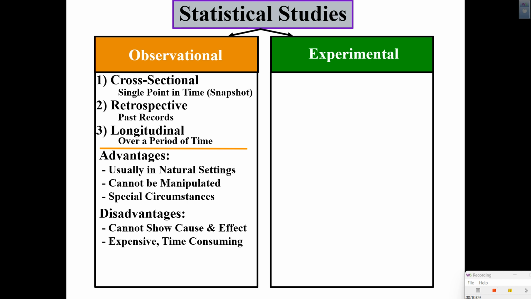So it would be expensive and time consuming. There's inaccuracies at times by certain things that happen in the study that you observe, but you have to record them because you cannot change certain things that you see. You're just recording from observation.